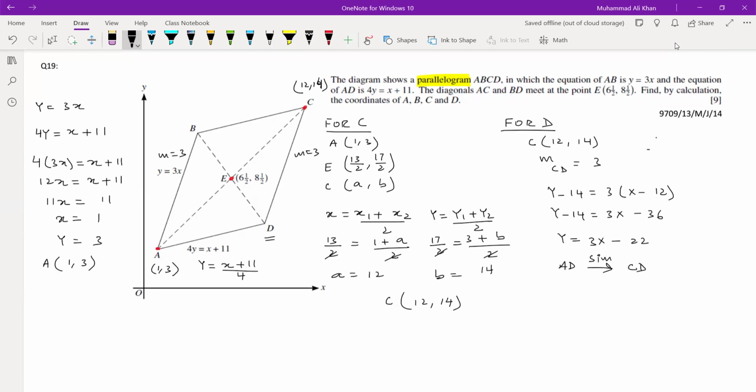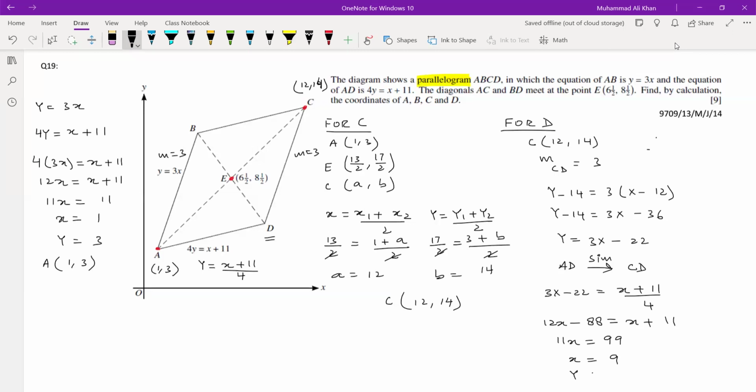So 3x minus 22 equals to, what is this? This is x plus 11 upon 4. 4 cross multiply, 4 3s are 12x minus 88 equals to x plus 11, 12x minus x, 11x equals to 88 plus 11, 99, and x equals to 9.